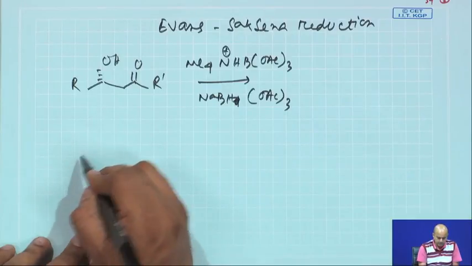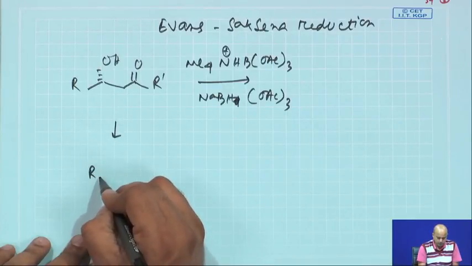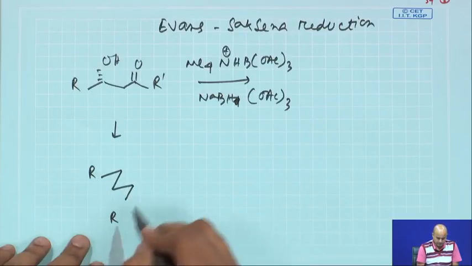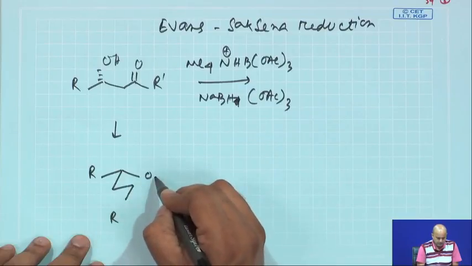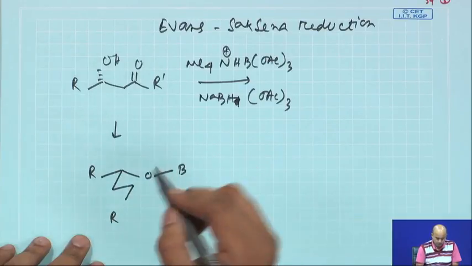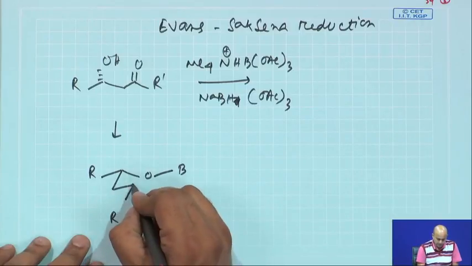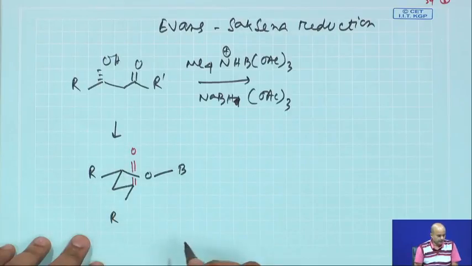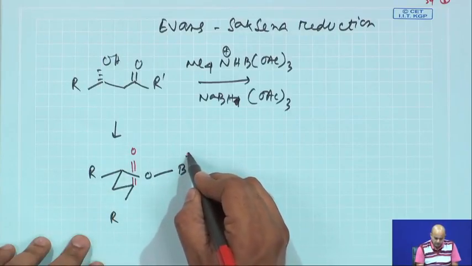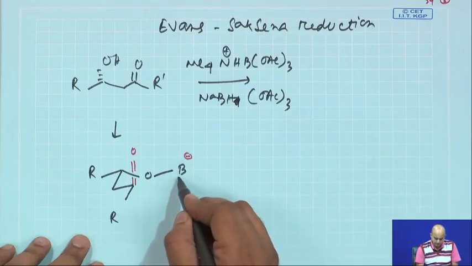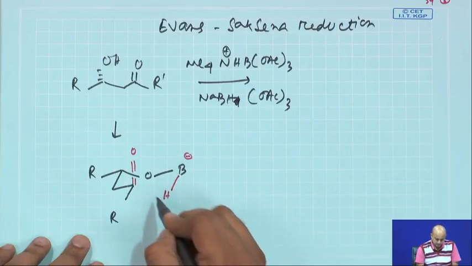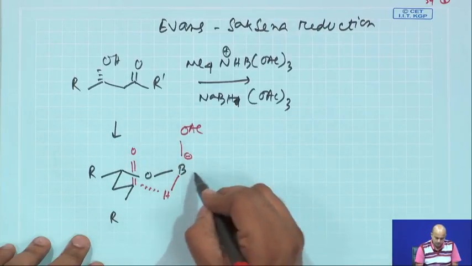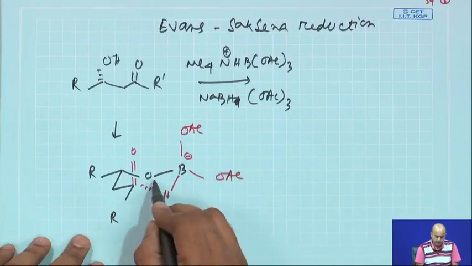Now, the reaction goes in this way. The same thing, we put the oxygen here, the boron is here. Now, the carbonyl coordinates here. This boron has a negative charge because it is triacetoxyborohydride, and one of these acetates was first replaced by this alcohol.